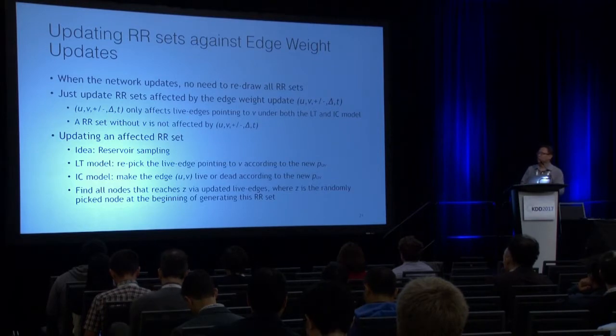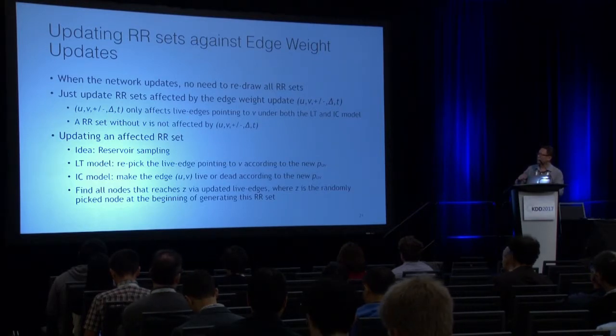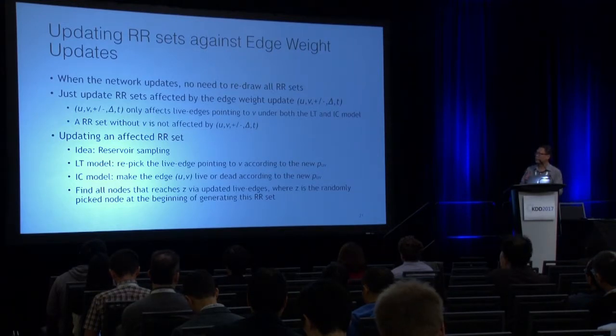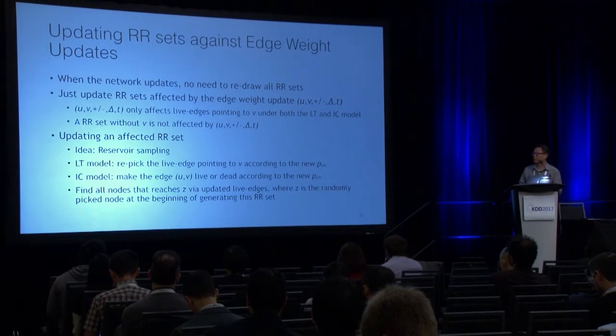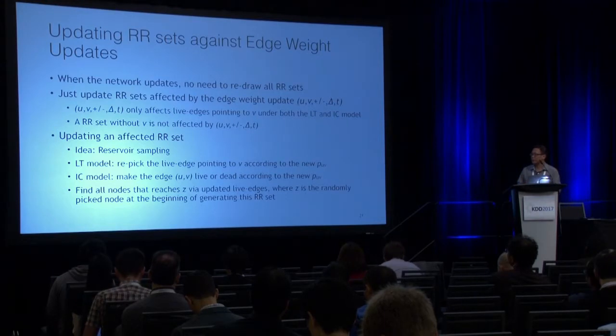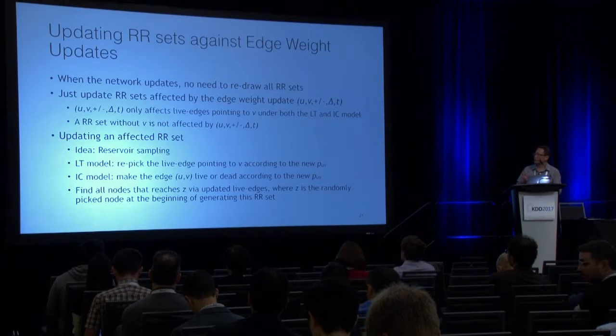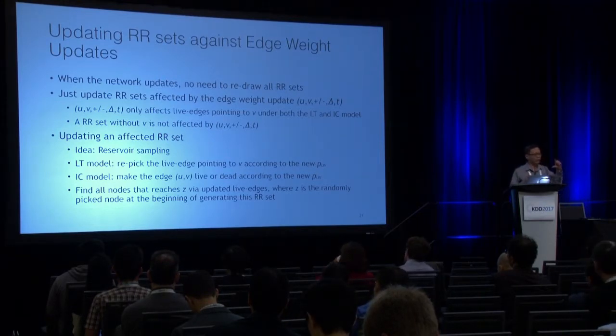So if an update only affects the live edge pointing to v under both the LT and IC models, we update it, otherwise we just keep it. And to update it, the idea is that we can use reservoir sampling. In the LT model, we just resample the live edge pointing to v according to the new probability, because you change the weight, you change the corresponding probability.